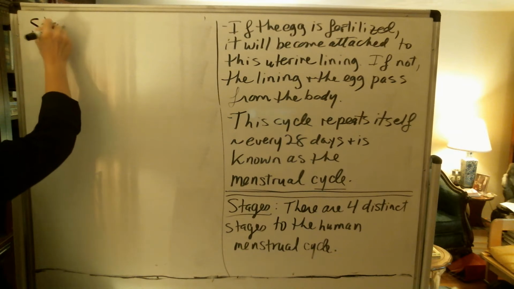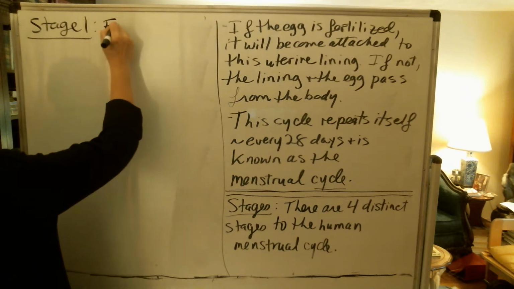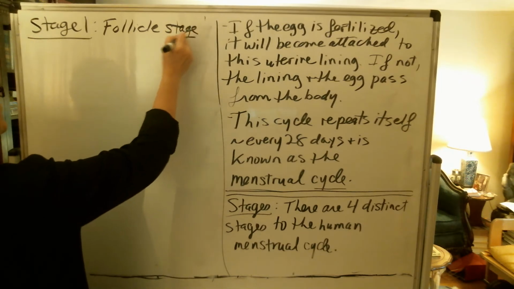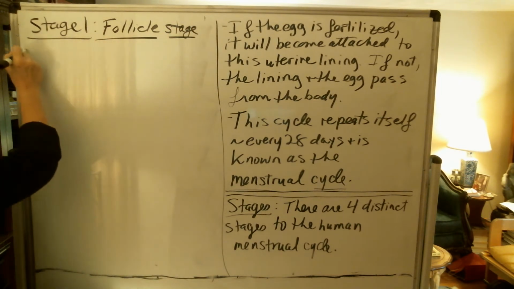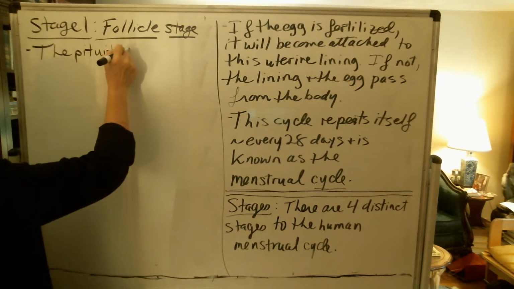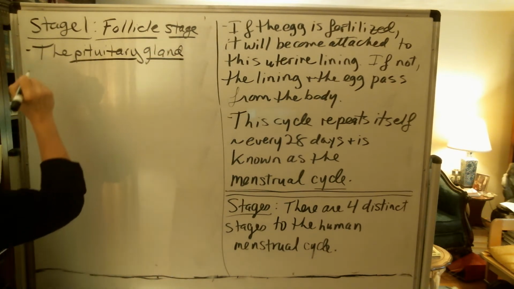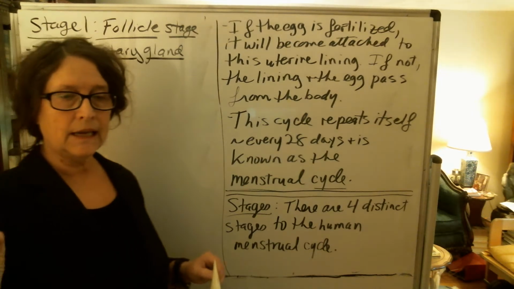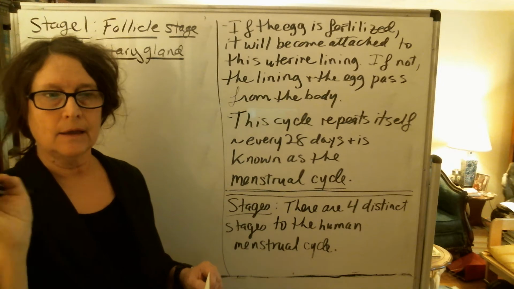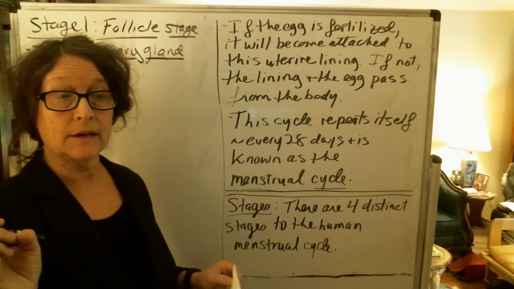So stage 1 is called the follicle stage. And during this time, the pituitary gland, which is a gland that actually hangs right off the base of your brain, we will talk about the pituitary gland when I do the endocrine system.